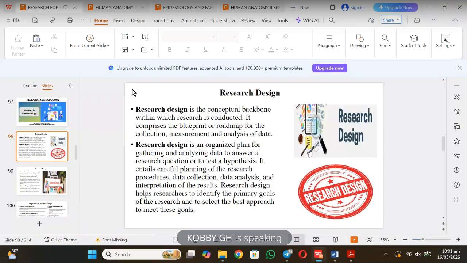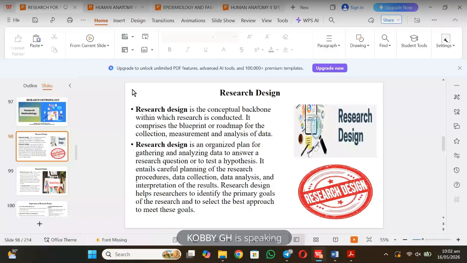So write the next heading, data collection approach. All these things I'm explaining are not in your slides. In some textbooks, they will also describe them as designs, but they are not designs.